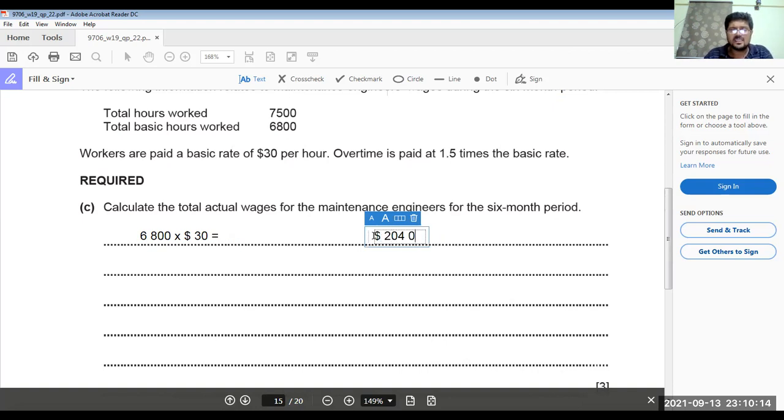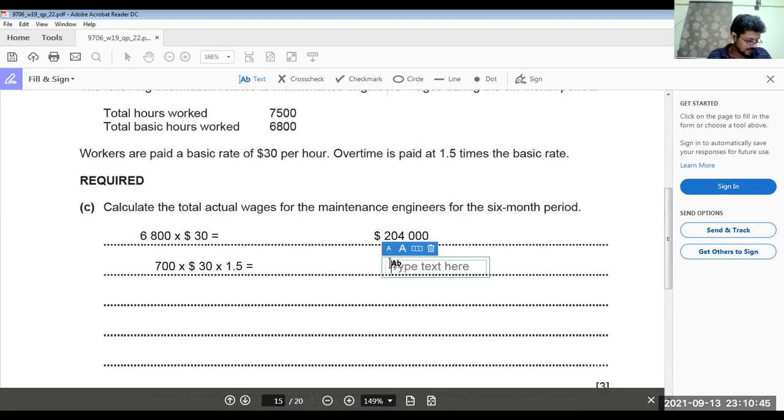$204,000. Now, what is the overtime? 7,500 minus 6,800. Overtime is 700. So 700 is overtime. Multiply by $30. Multiply by 1.5, because we are paying time and a half for overtime.